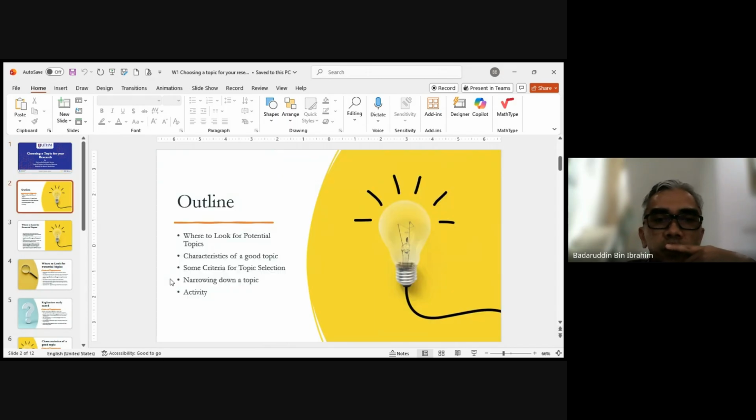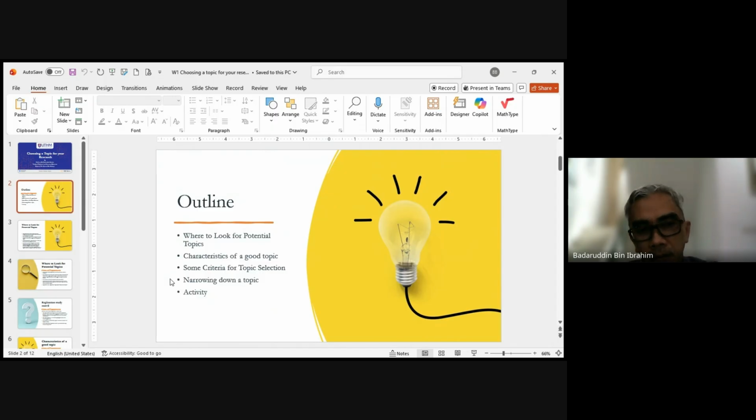All right. So again, the outline of this research is just to guide you on where the potential sources are that you're going to look at or read in order to have this kind of topics for your research.